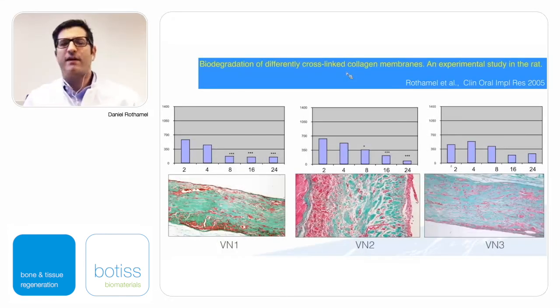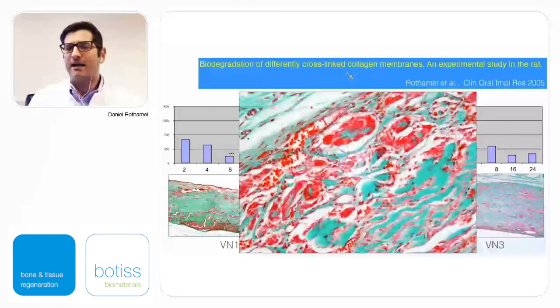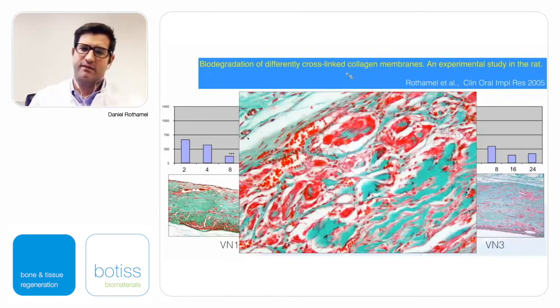And we tried to develop cross-linked bioguide membranes. And as you see, VN means that we have applied the cross-linking technique 1 time. VN2 is 2 times, and VN3 is 3 times. We could prolong the standing time. Nevertheless, the more cross-linking we applied, the higher the invasion of inflammatory cells, the more foreign body reaction, and the less tissue integration we could find.